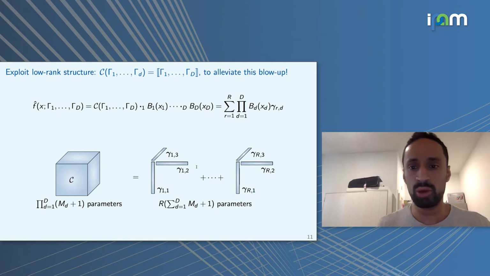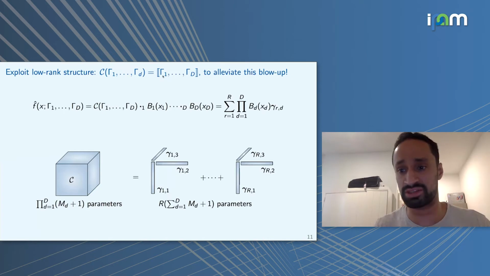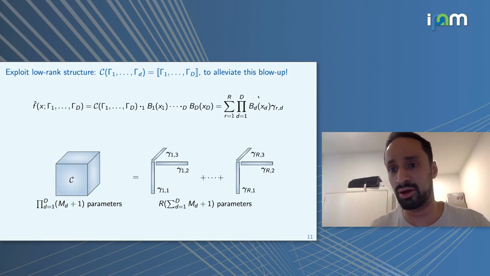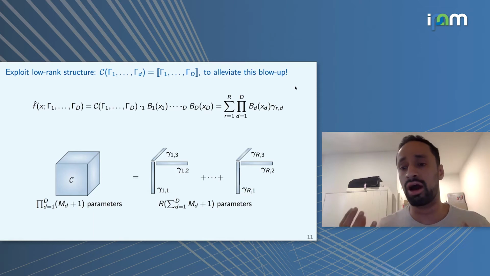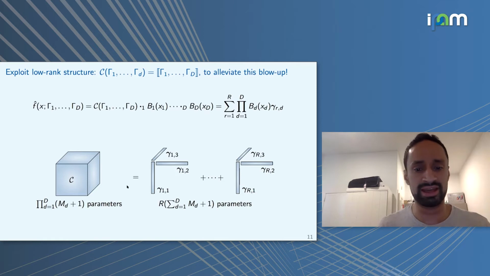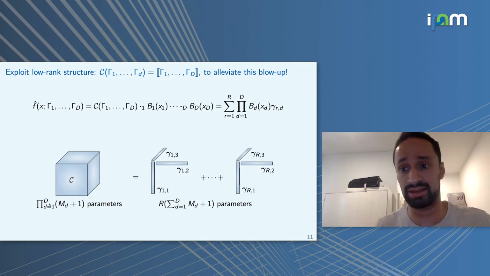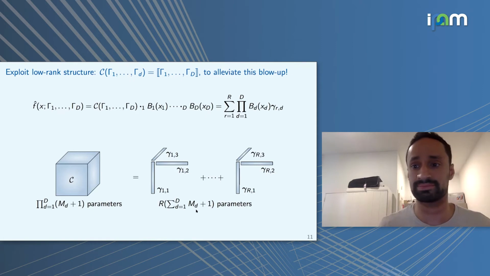We replace the tensor with its polyadic decomposition, and once we do that substitution, we end up with a sum of separable expansions, where each of these component functions is replaced with a spline function. And by introducing this constraint, the number of parameters goes from exponential in the dimension to linear in the dimension.